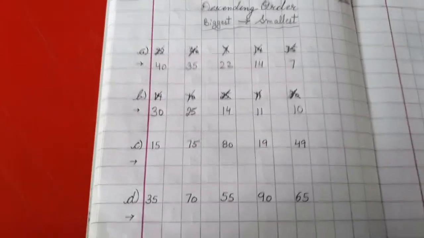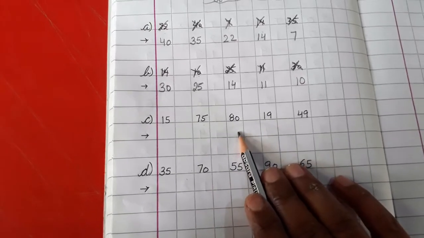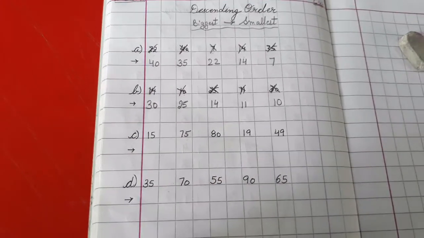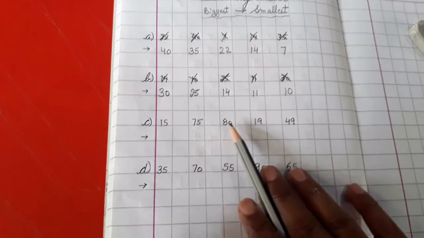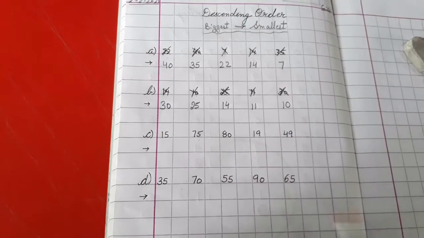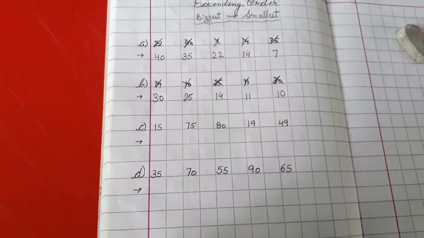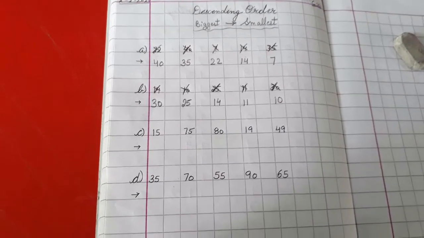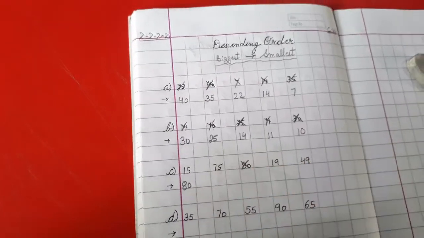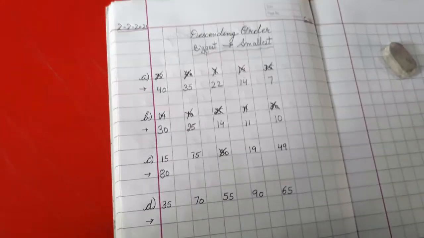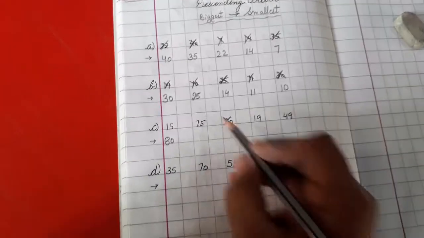Understood? Now we have 15, 75, 80, 19 and 49. Now tell me which of these is the biggest? 15, 75, 80, 19, 49. Which one is biggest? 80 is biggest. Yes. So we will copy 80 and cross from here. Now tell me the biggest one. 15, 75, 19, 49. 75.